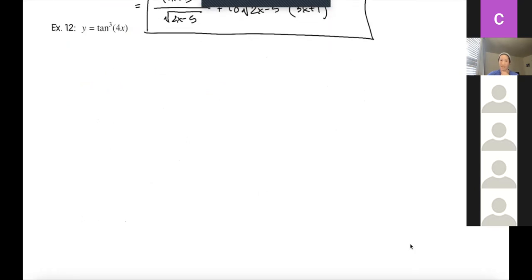All right, let's take a look at example 12 here. So I've got y equals tangent cubed of 4x. What rules do we think we might need here? Give you a moment to look at that, think about it. What rules might we need?